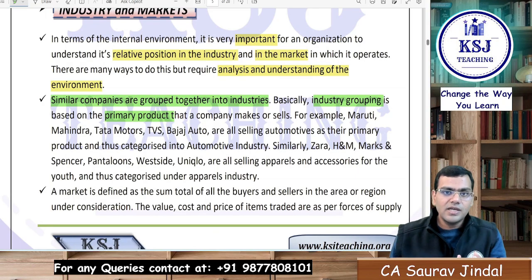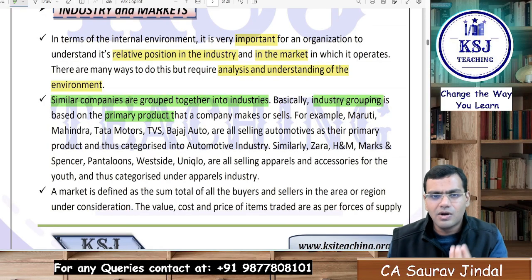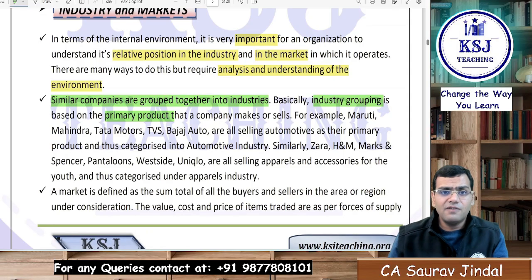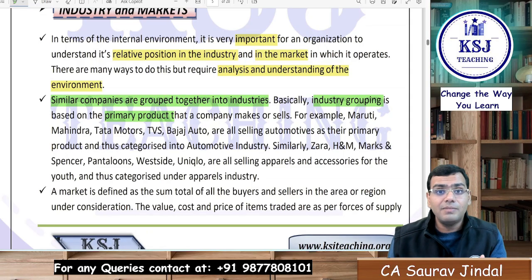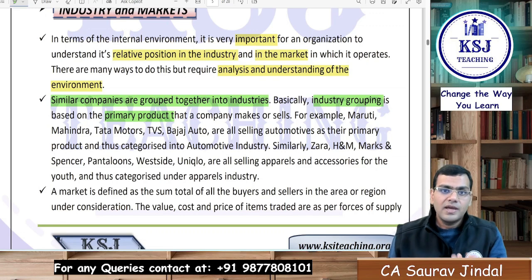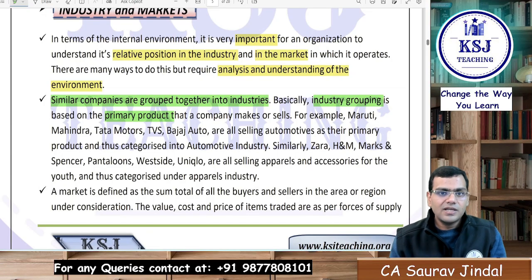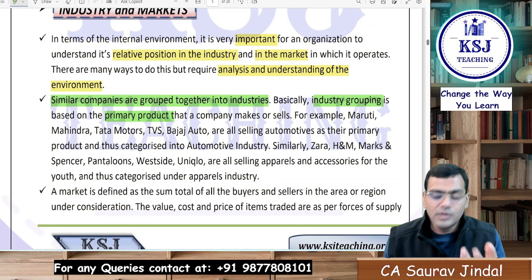And industry consists of what? A group of similar companies who are making and selling a similar product. Yes, the pricing can be different, the features can be different, but ultimately the primary product remains the same. If you are making shoes, every company is going to provide a different sole, a different comfort, so the price can be different. Nike shoe can be for 4,000, Skechers can be for 8,000. But ultimately, they belong to a single industry.